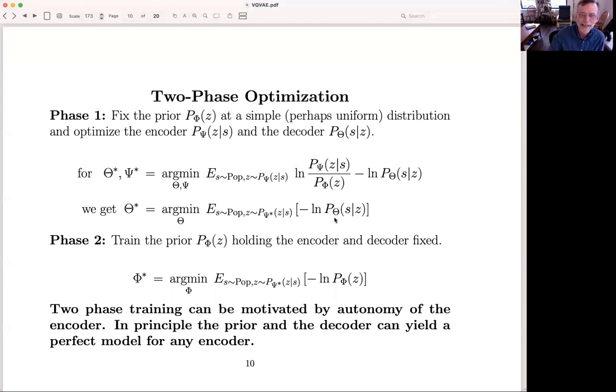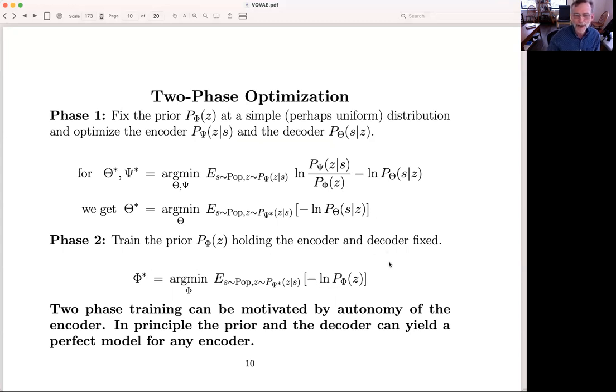It's saying that the decoder should model whatever this joint distribution is. So if this is done well, it's modeling the probability of the image given Z under whatever this distribution is. This distribution is defined by the encoder. And now in a second phase, I can train the prior just by sampling from this distribution and training a cross entropy loss onto Z.